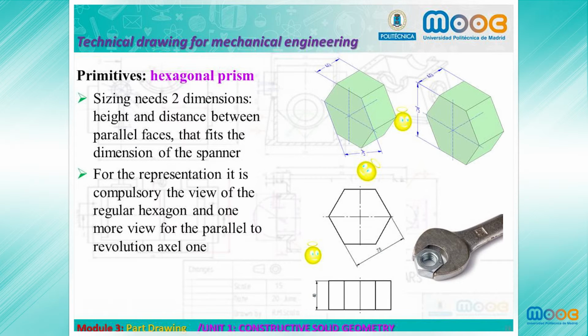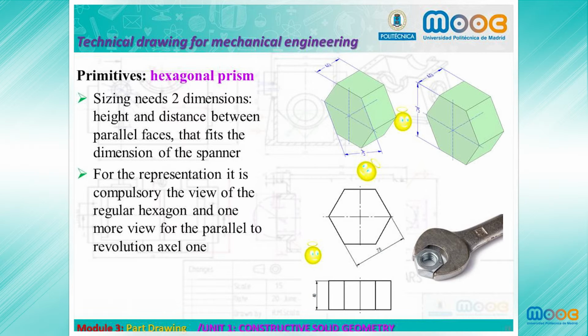Hexagonal prism. This is not a curve, this is a planar facet geometry, but very used in technical parts. Its sizing needs two dimensions, height and distance between parallel faces, because that fits the dimension of the spanner.